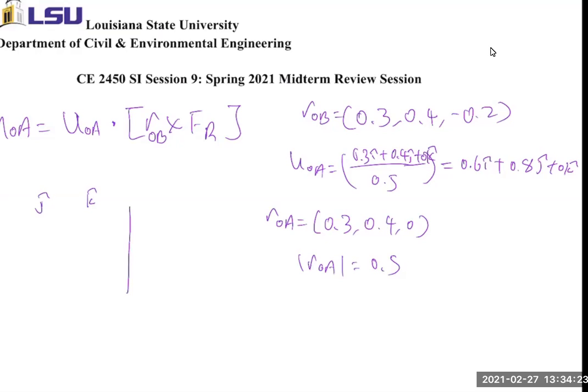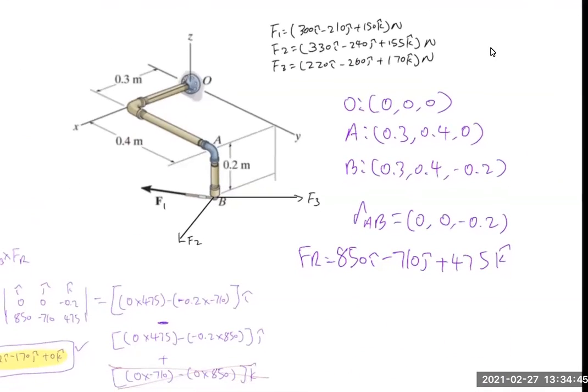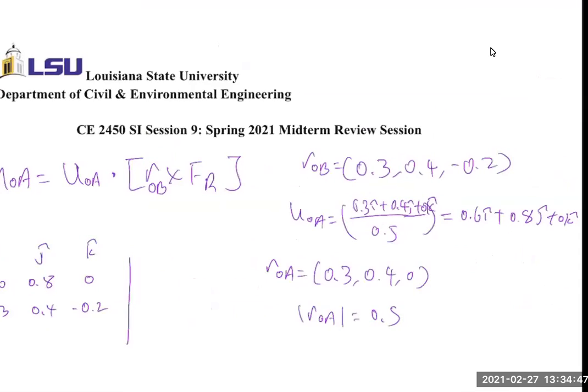First row, we put the unit vector U_OA, so it's 0.6, 0.8, 0. Second row, R_OB, 0.3, 0.4, negative 0.2. Last row, FR. Let me go back to see what my FR is. Okay, 850, negative 710, 475.